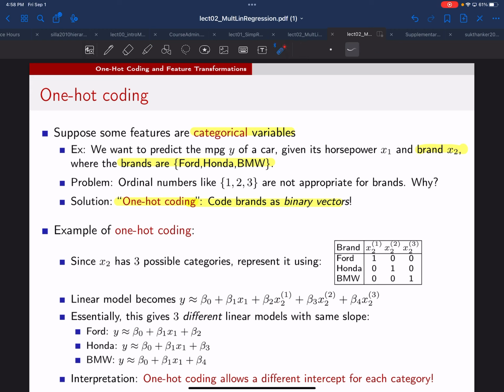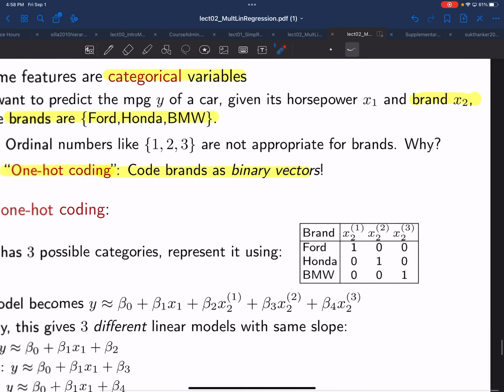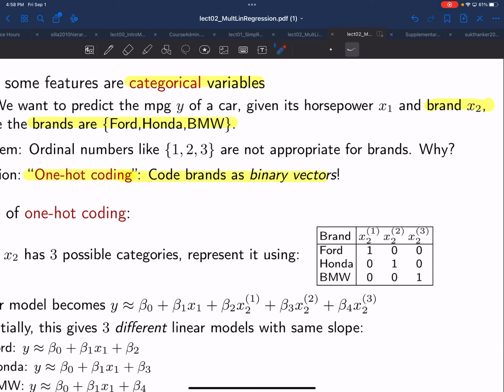We're actually going to expand X2 into 3 different things. We'll call it X2 sub 1, X2 sub 2, X2 sub 3. Whenever you have a Ford, you're going to put in the binary vector 1, 0, 0. Whenever it's a Honda, it's going to be 0, 1, 0. Whenever it's a BMW, it's going to be 0, 0, 1. Now you can see that there's no ordering between Ford, Honda, BMW. They're just different.